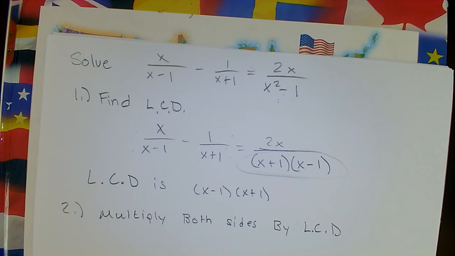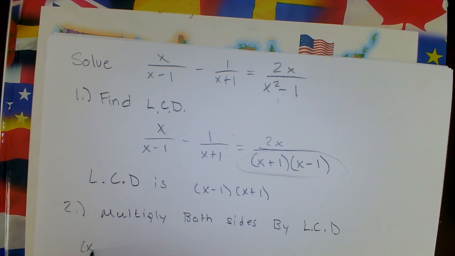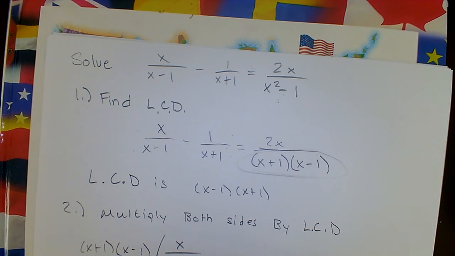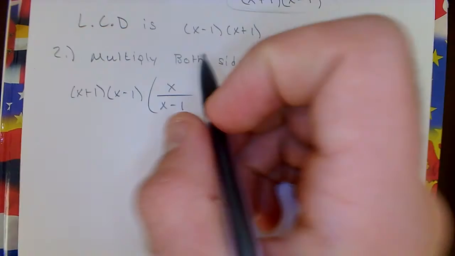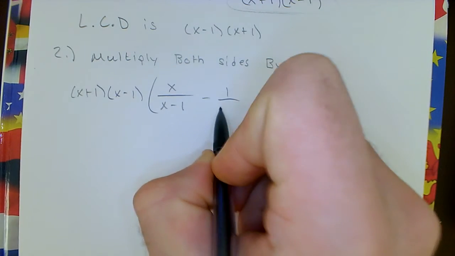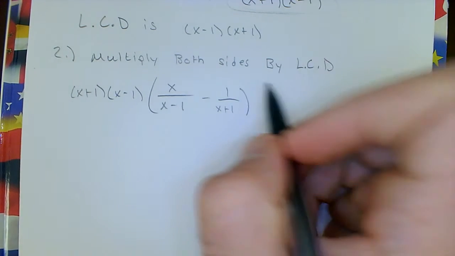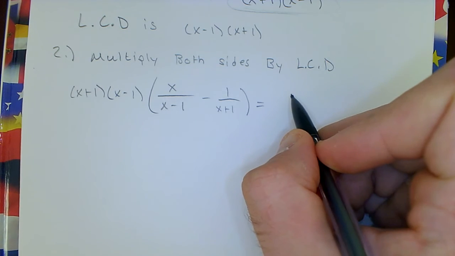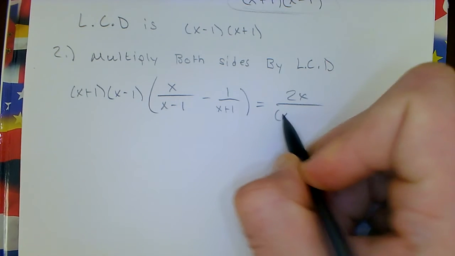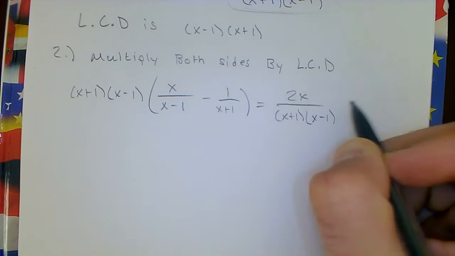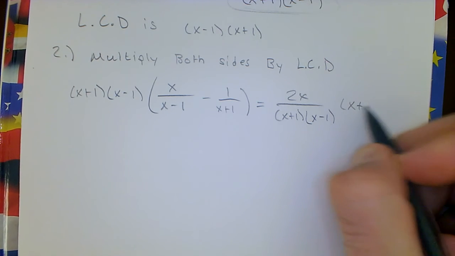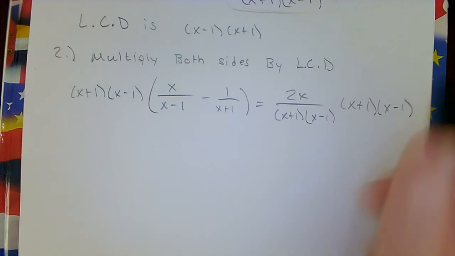Okay, so if we do that, we get, right, so x plus 1, x minus 1 times x over x minus 1, minus 1 over x plus 1 equals 2x over x plus 1, x minus 1. If I multiply it on this side, I have to multiply it on the other side too.